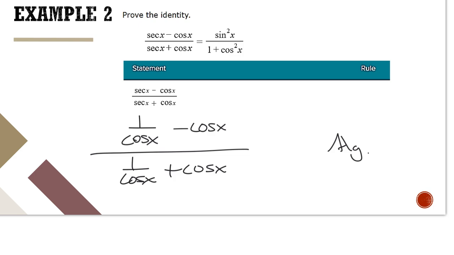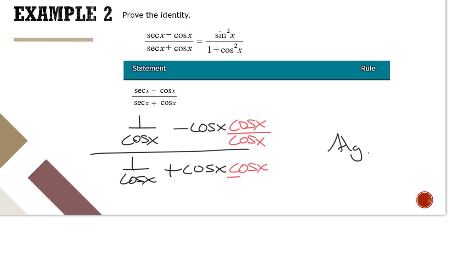Now, on your paper is how I would do these. The next step is, we have a fraction and a kind of whole number, let's call it. It's not really a whole number. We're going to combine these together by making a common denominator. The one on the left is dividing by cosine, so this one has to be dividing by cosine. So I can just multiply by cosine of x over cosine of x, which is just 1.